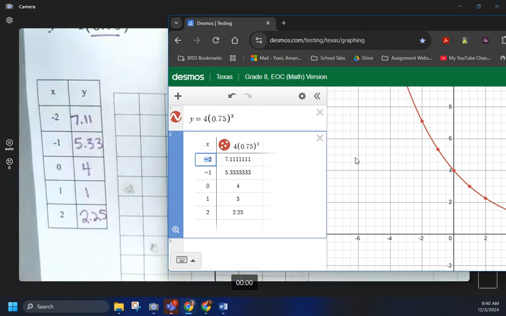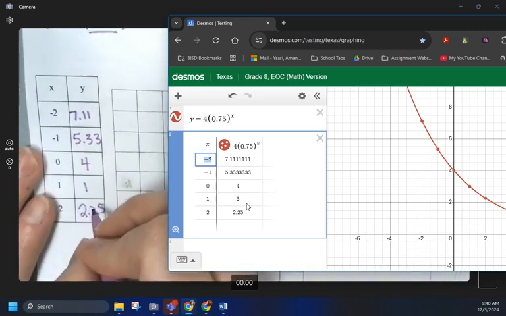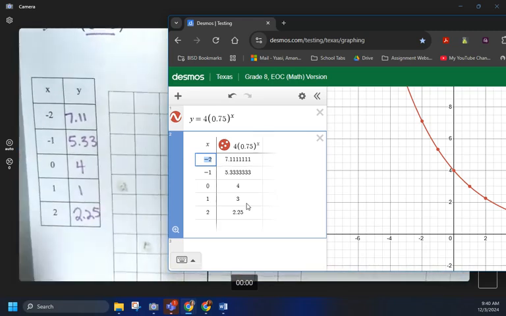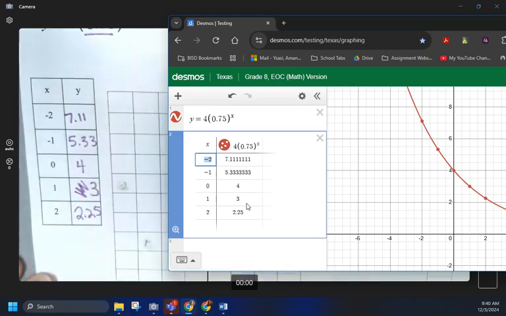Fill in your table. All right, so we know it's decay. It's going downhill. It looks like that. Oh, it is. Thank you. Oh, sorry. This is 3. Sorry, I got confused.